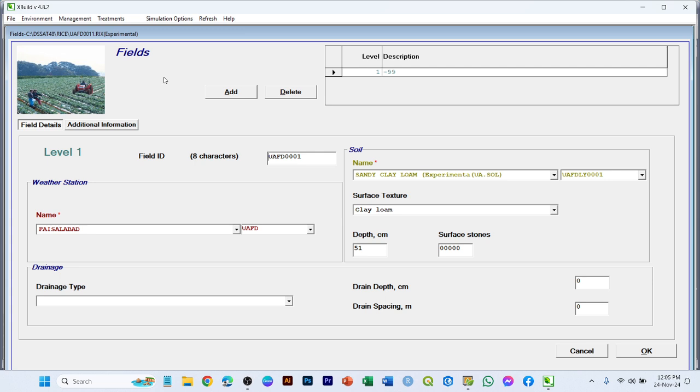Over here, you have to put all the information. If you have multiple locations, then you have to add different types of description over here. If you have only one location, then leave it blank. I mean, if you have the experiment only at this university, then there is no need to put any other location over here. Please remember.